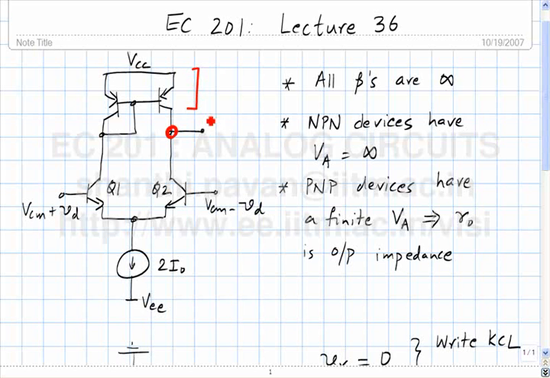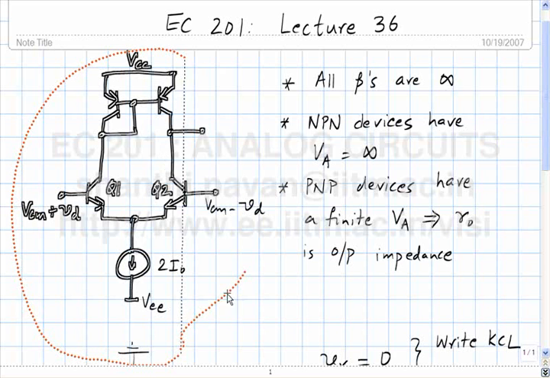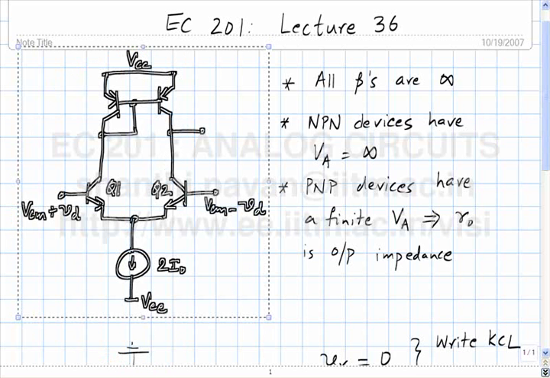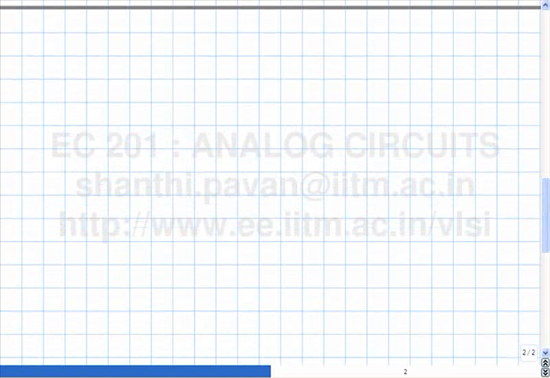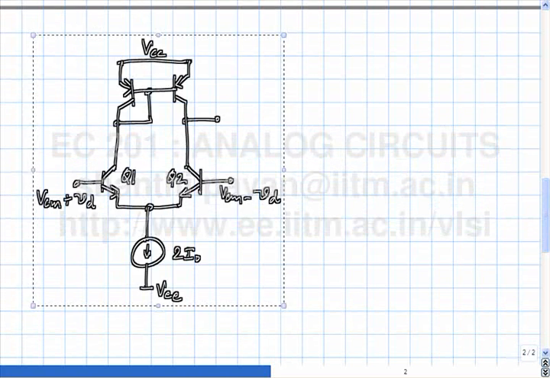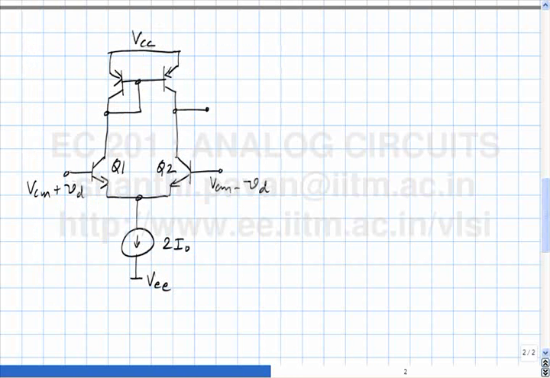It is simply VCC minus, let me call this Q3 and Q4. This is V out.